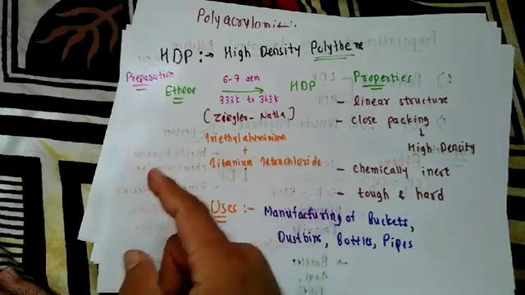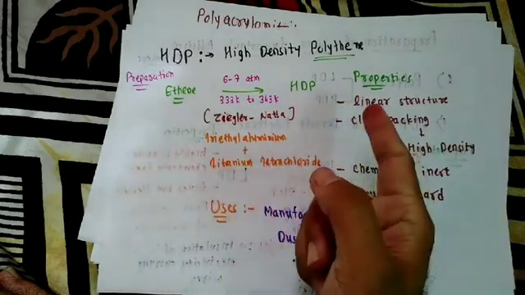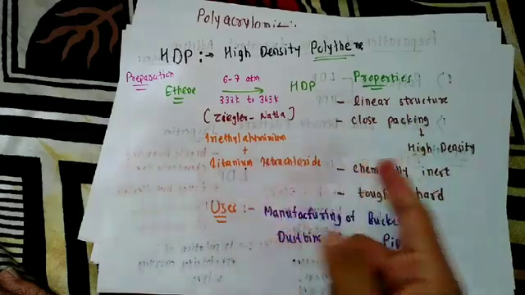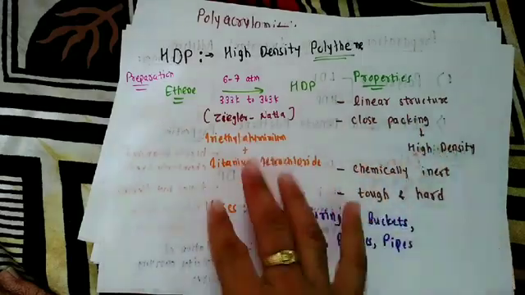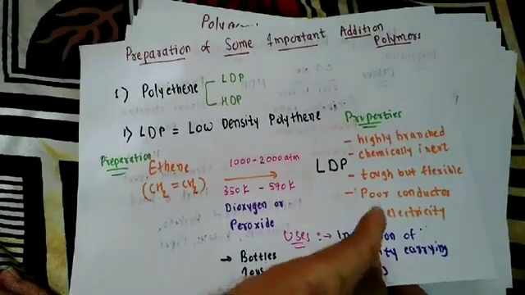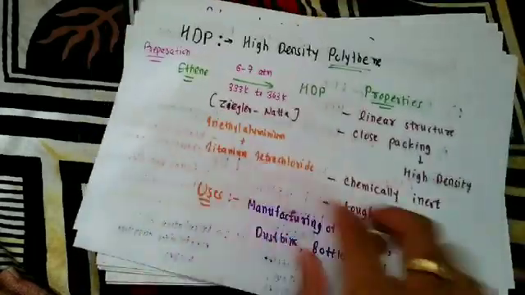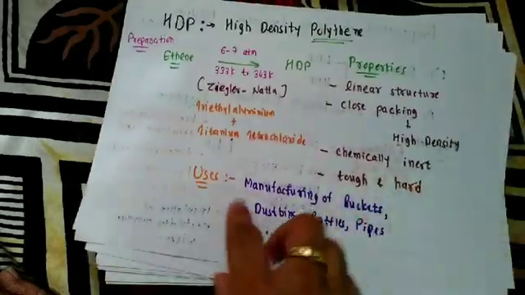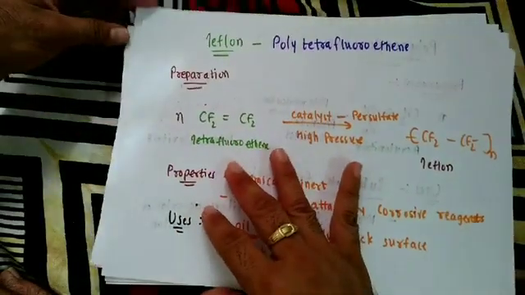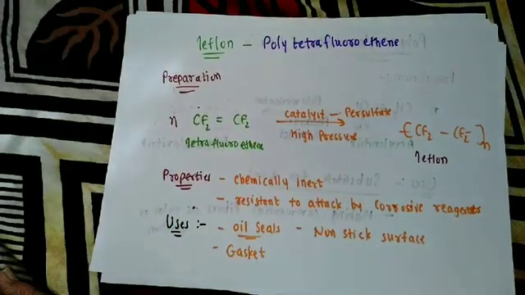Okay, low density polythene was branched, whereas high density polythene is linear. It is chemically inert. Low density polythene was flexible, but high density polythene is tough and hard. Uses are different. Then we discussed the third polymer, that is Teflon, and the name of Teflon is polytetrafluoroethene.